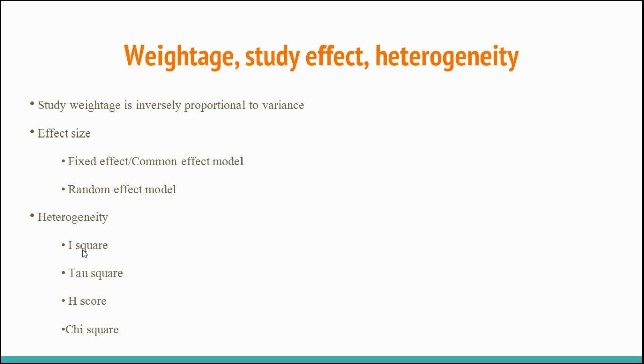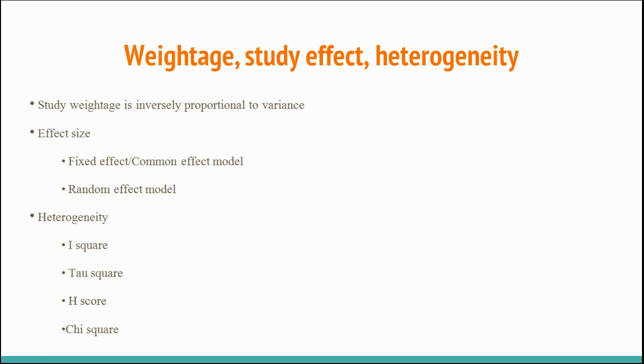Now, what is the difference between I square and tau square? I'm not going to go into the statistics, but the basic difference is I square is reporting heterogeneity between studies, whereas tau square is reporting heterogeneity within the study. The H score also gives information about heterogeneity, and then there is chi-square, which is used to check whether the heterogeneity is significant or not.